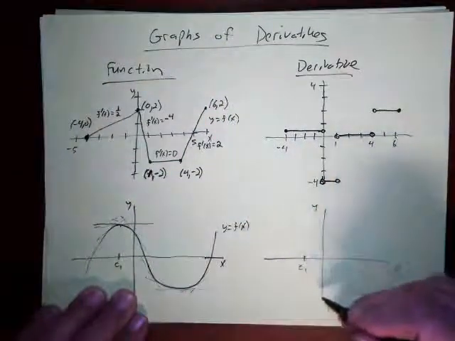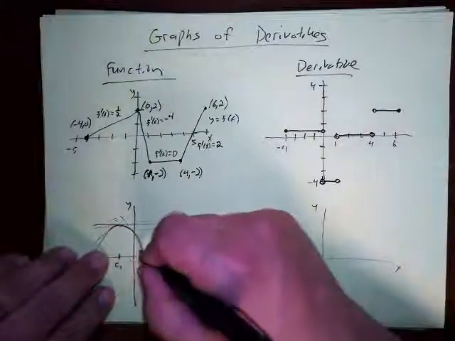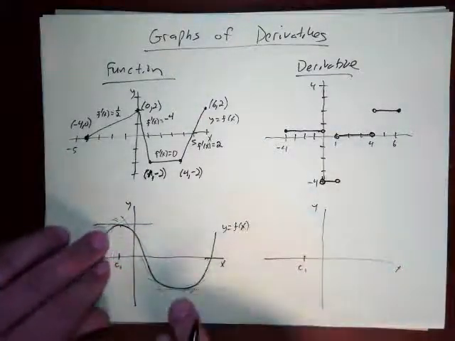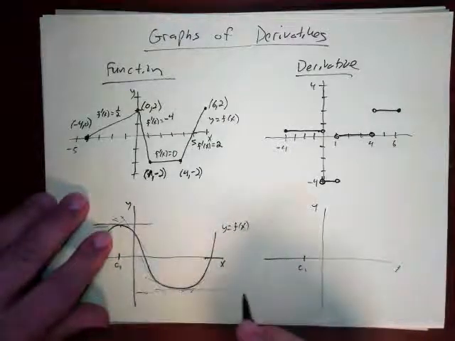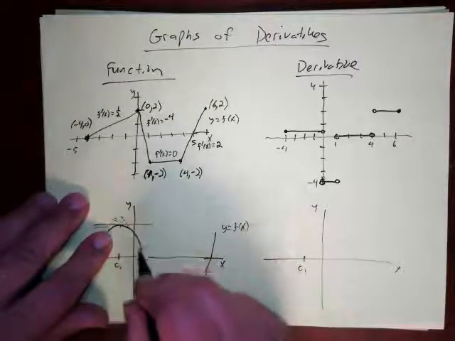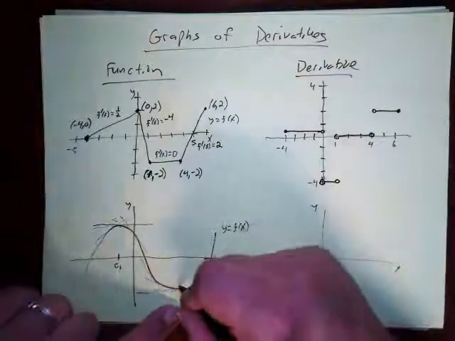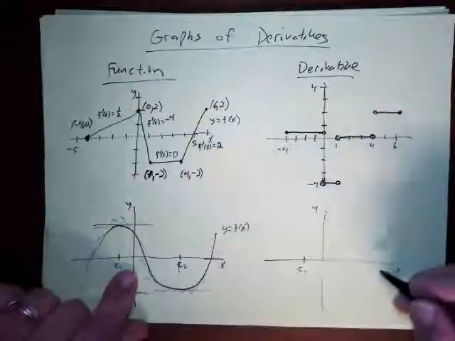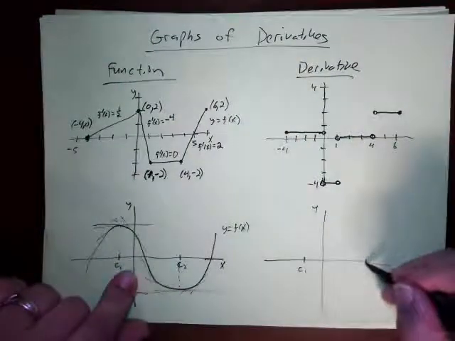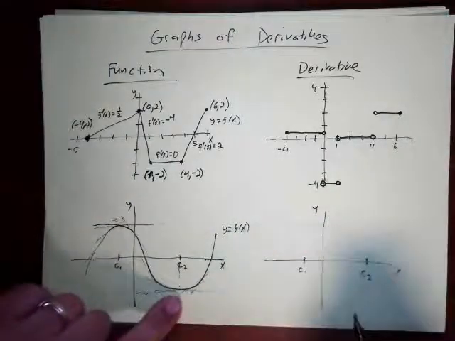It's going to keep getting steeper and steeper. But notice that there's some point here and here. So this is another 0. Let's mark this on here first. This is another place. So it's going to get steeper and steeper and then level out again. And then this is another point where the graph is going to have a derivative of 0. And we'll call that C2, right? Okay. So it'll be 0 here.